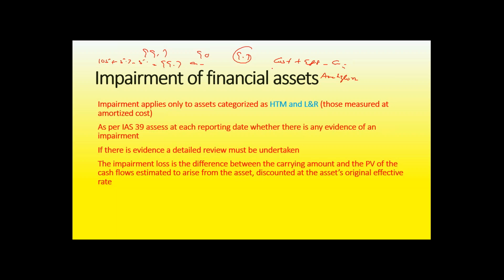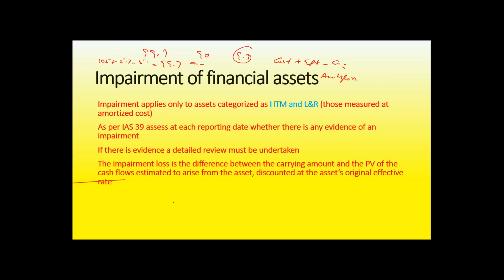When you do a review, you see I'm not in a position to receive 99.7. You may not get all the money today, but you may get it over a period of 3 years. The present value of all what you are going to get is 90. So PV equals 90.